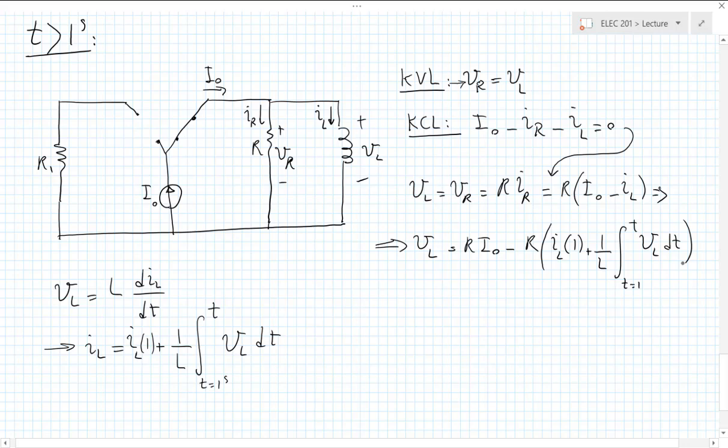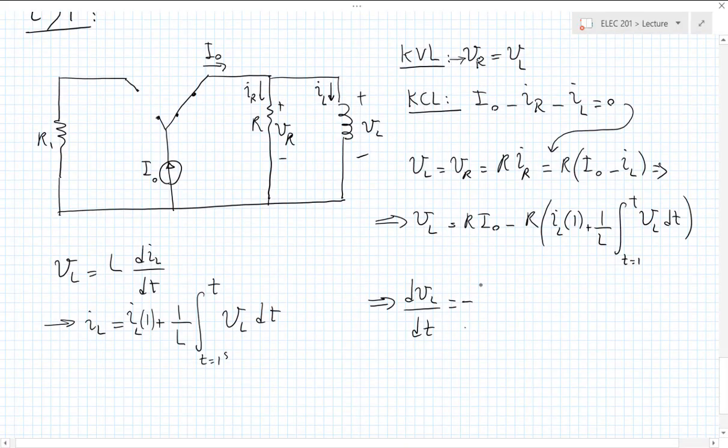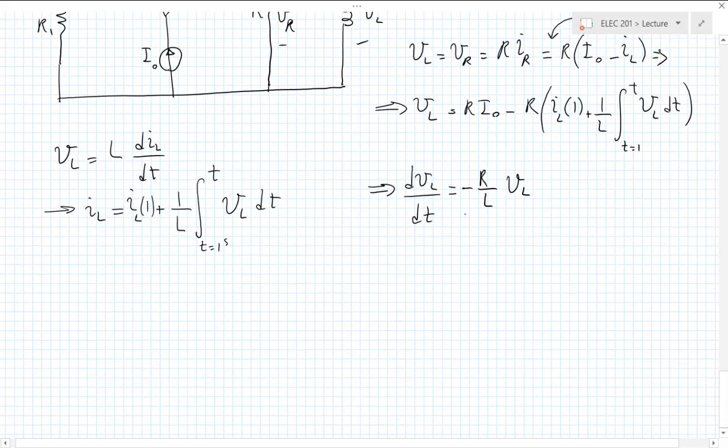And all you have to do now is to take the derivative of both sides to get dVL by dt equals the derivative of the constants goes away. So you're left with minus R over L VL. The derivative of the integral of VL dt is VL.